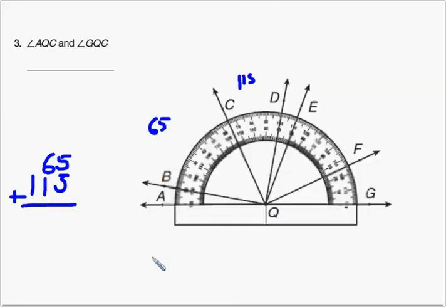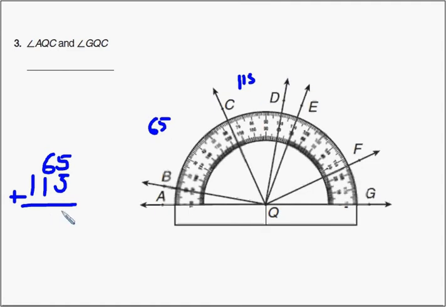Let's move on here. So on number 3, we're asked what kind of angles are these? Are they complementary or supplementary or neither? We're asked to look for A, Q, C, and that's a 65-degree angle, and then G, Q, C. That's 115.